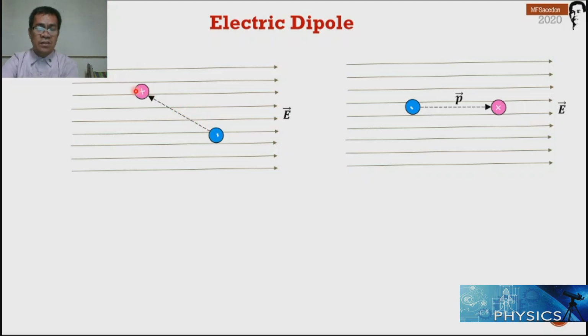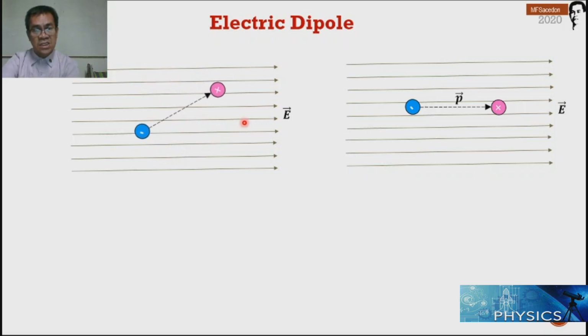Take note that the positive charge has a force that tends to move in the direction of the electric field, while the negatively charged one has a force that tends to move in the opposite direction of the electric field. Therefore, this dipole will tend to move in a clockwise direction.